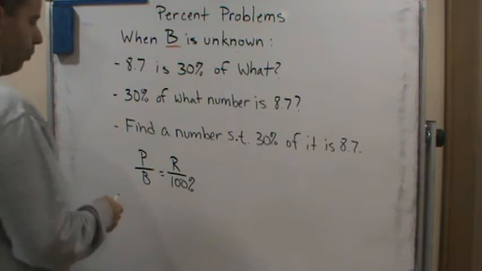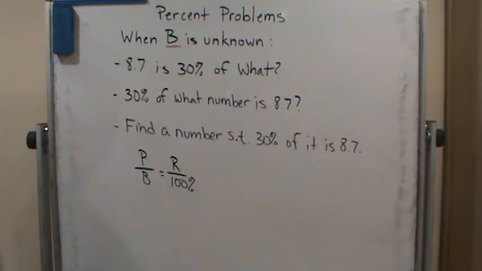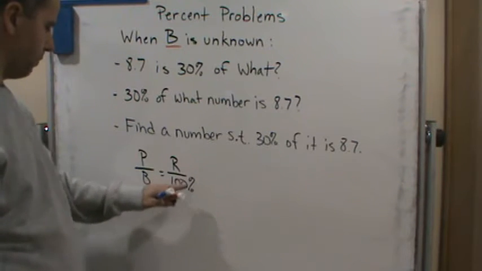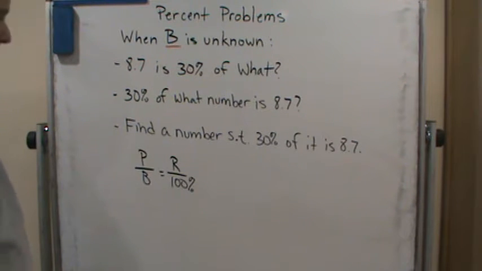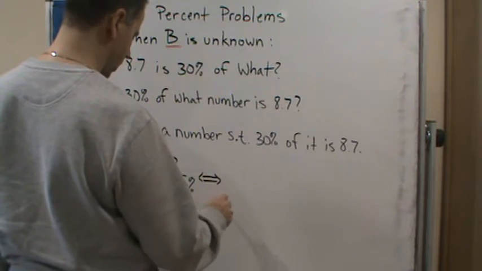And so now the unknown is B, so let's solve for B. To solve for B, we're going to cross multiply. What do we end up getting?